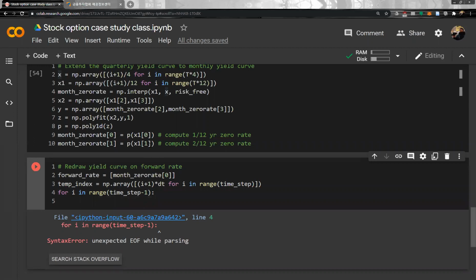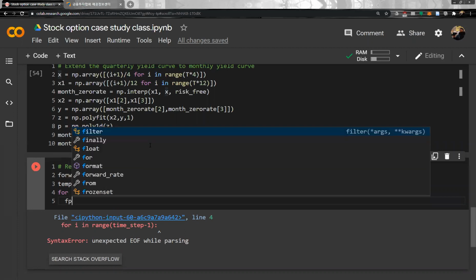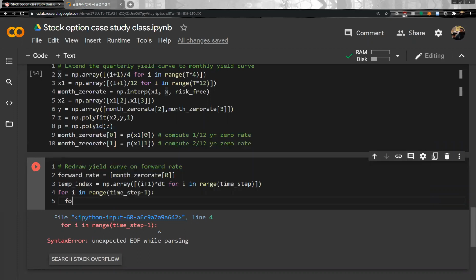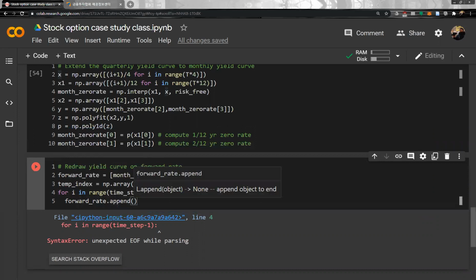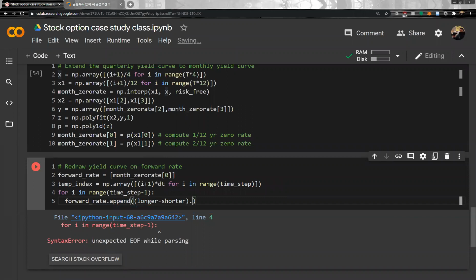forward rate is basically, we have to append to the previous forward rate. And the forward rate is basically the weighted average, the longer rate minus the shorter rate, and then divided by dt.